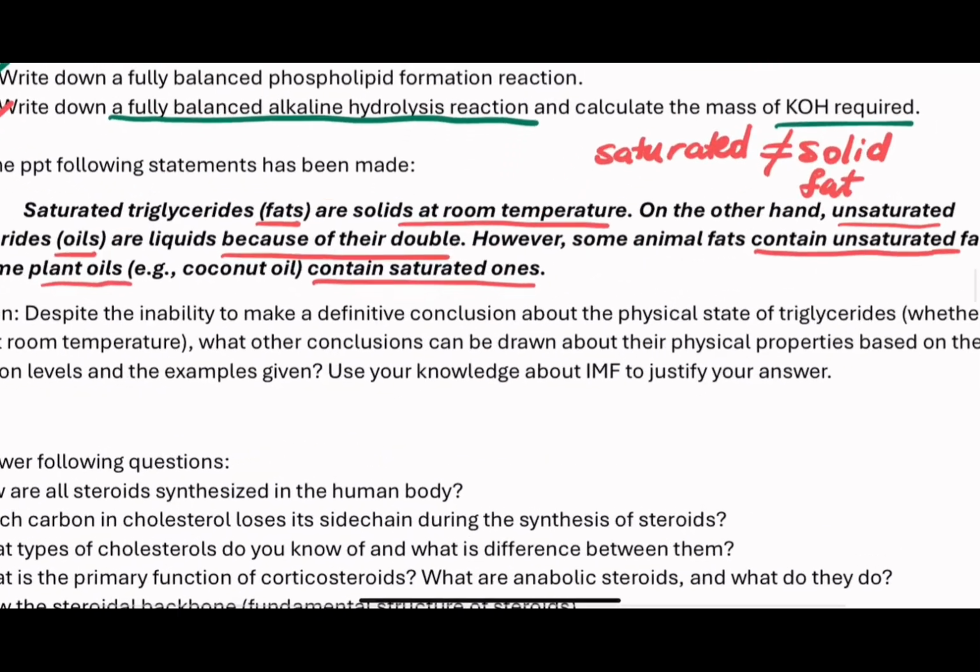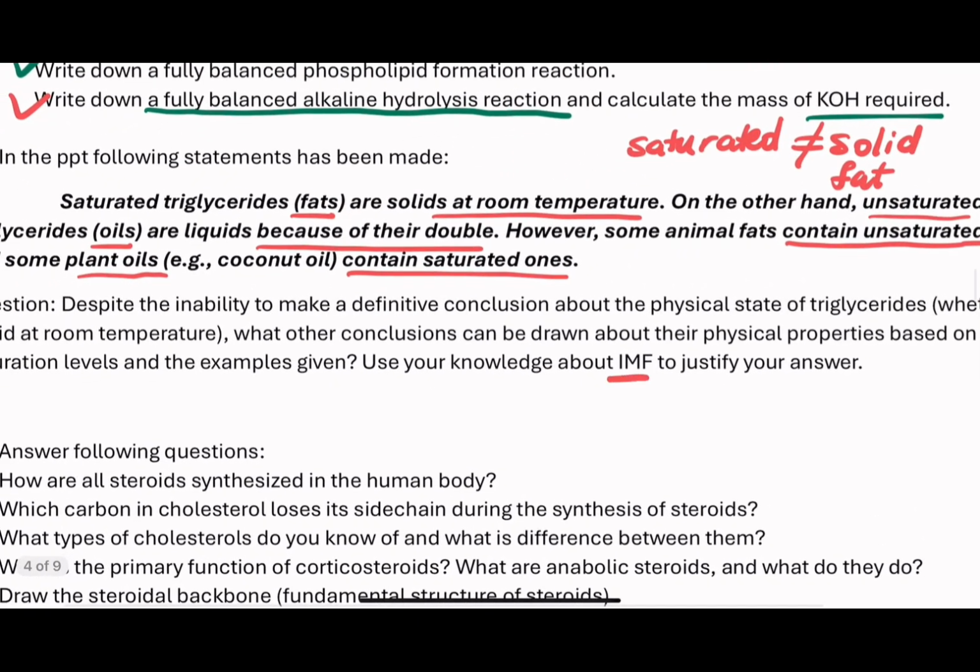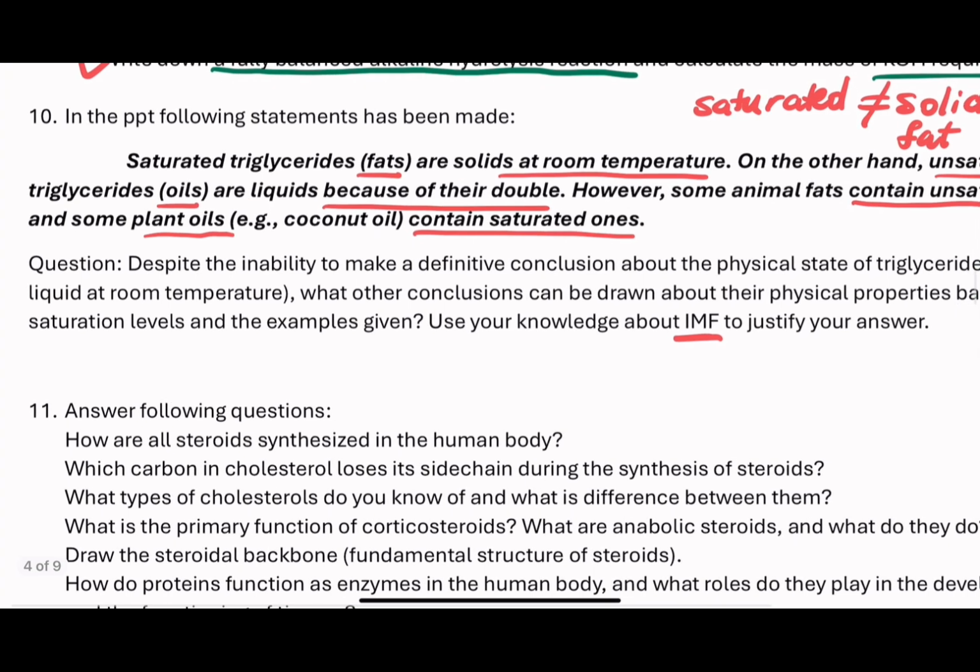But what we can talk about is intermolecular forces. Now, if you guys remember, we had intermolecular forces such as London dispersion, dipole, and then we talked about hydrogen bonding. In this case, we're just going to talk about London dispersion, because London dispersion was only about the number of electrons.